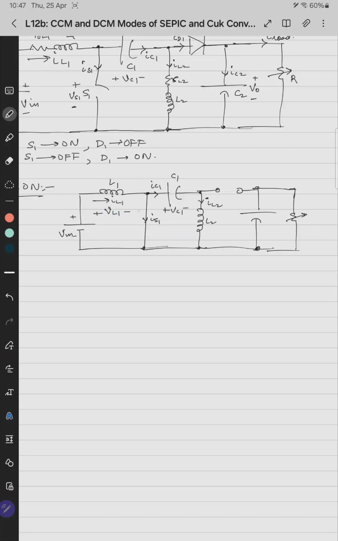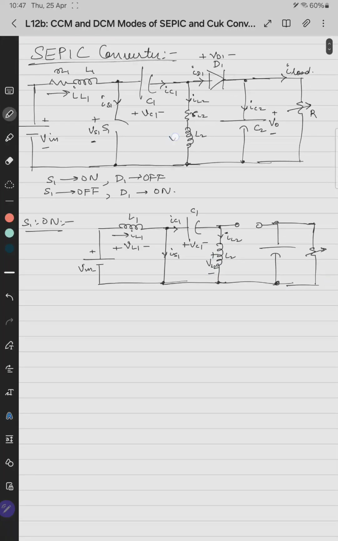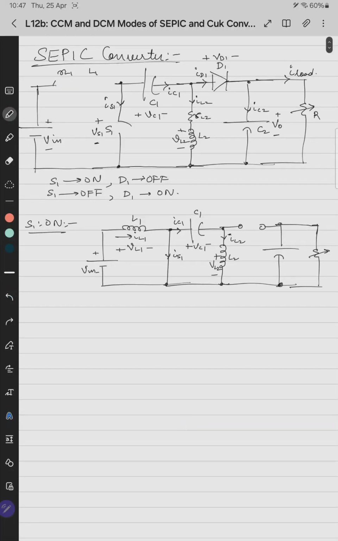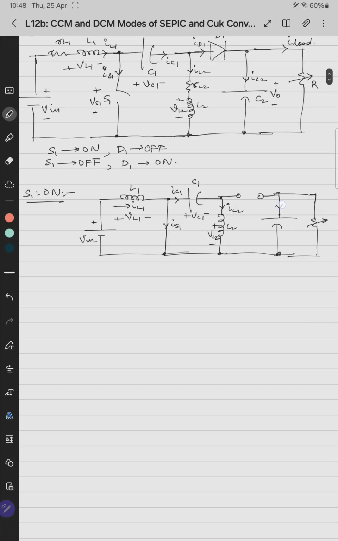This is VL1, this is VL2. This is IS1, IC2, Iload.